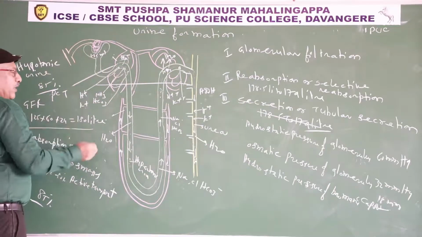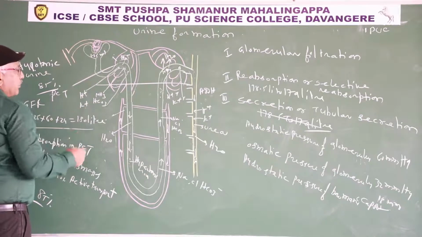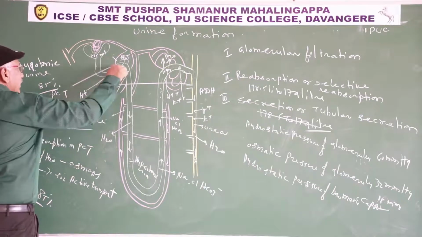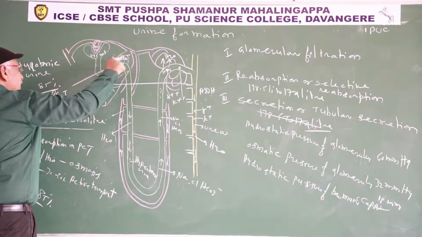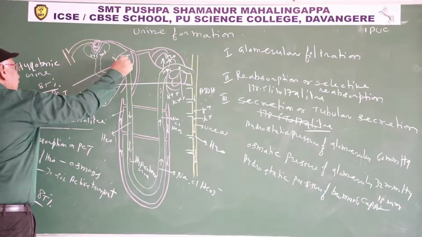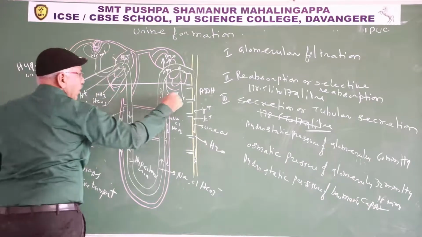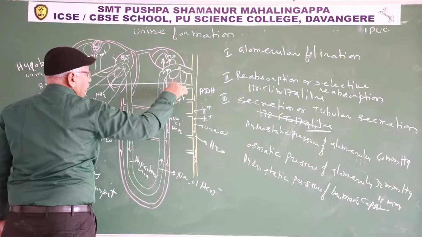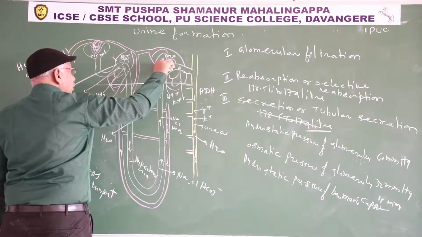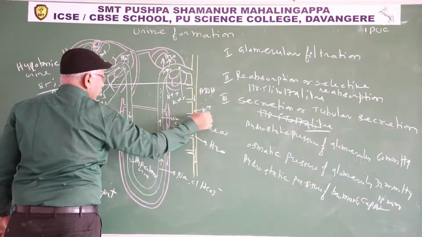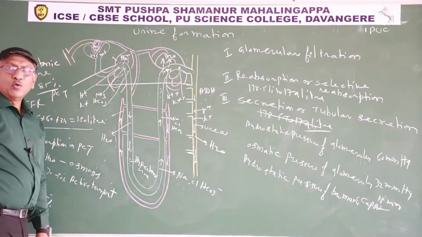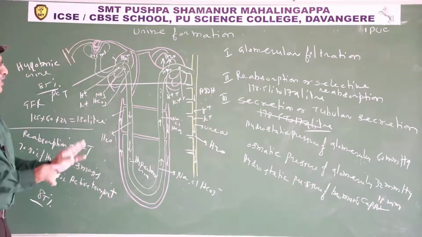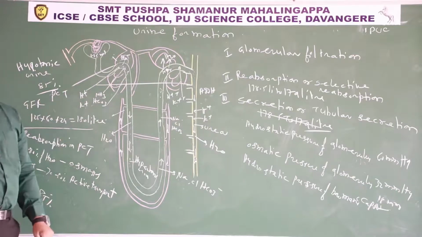Hydrogen cation, bicarbonate, potassium cation, ammonia are secreted into the lumen of PCT. From the lumen of PCT, bicarbonate is reabsorbed. Hydrogen, potassium, ammonia are secreted into the lumen of DCT. Hydrogen and potassium are secreted into the lumen of straight collecting duct. This is known as tubular secretion.